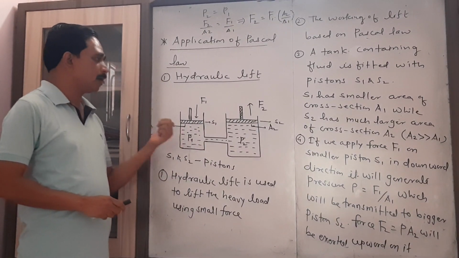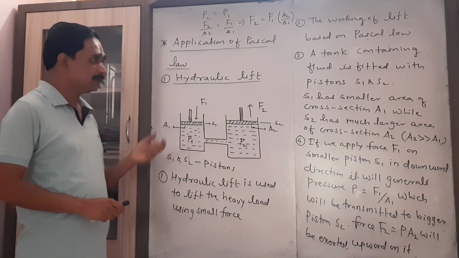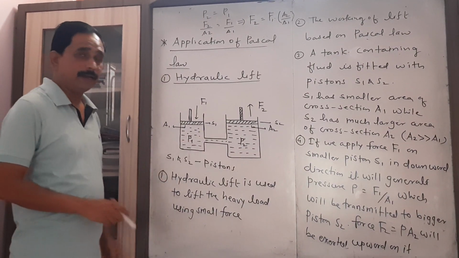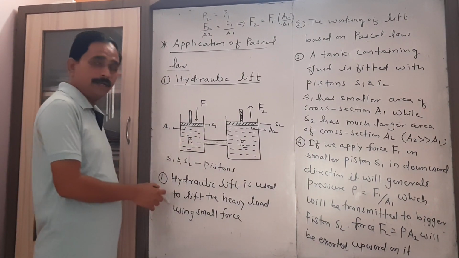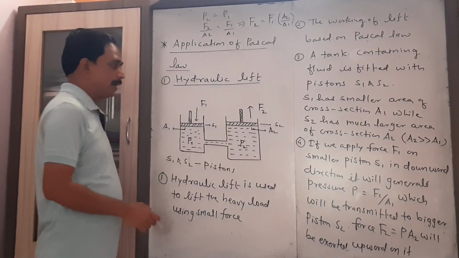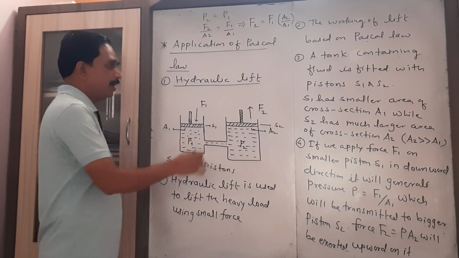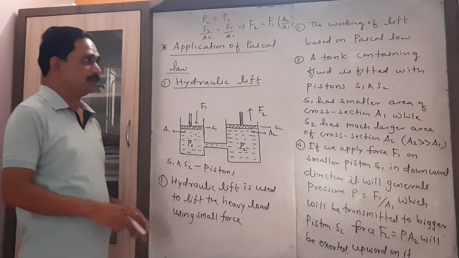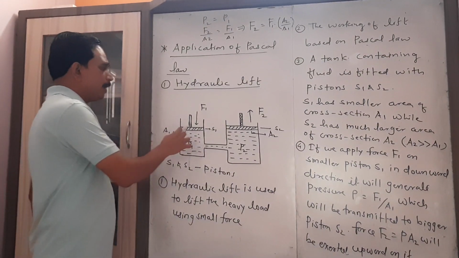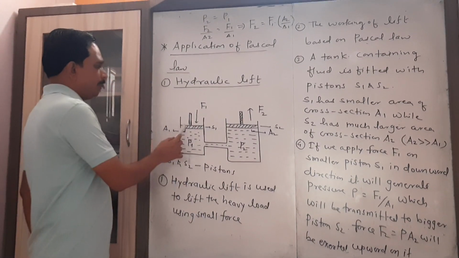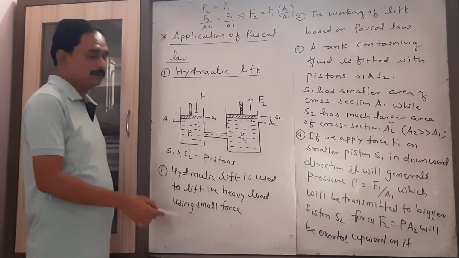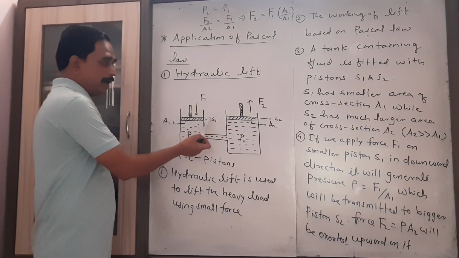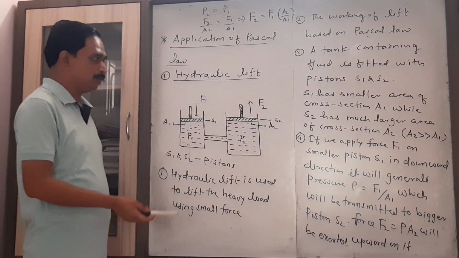Now this hydraulic lift consists of a tank. Actually there are two cylinders which are interconnected, two containers interconnected with each other, containing two pistons. Here these are the two pistons, which I name S1 and S2.